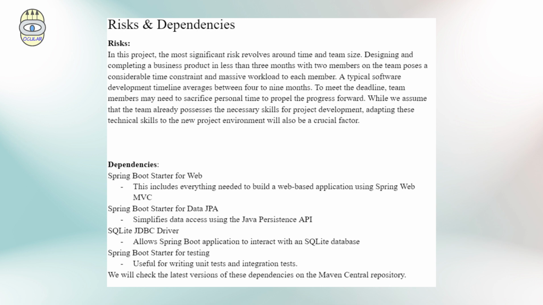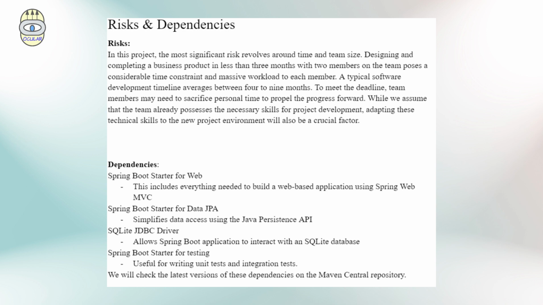To meet this deadline, team members may need to sacrifice personal time to propel the progress forward. While we assume that the team already possesses the necessary skills for the project development, adapting these technical skills to the new project environment will also be a crucial factor.